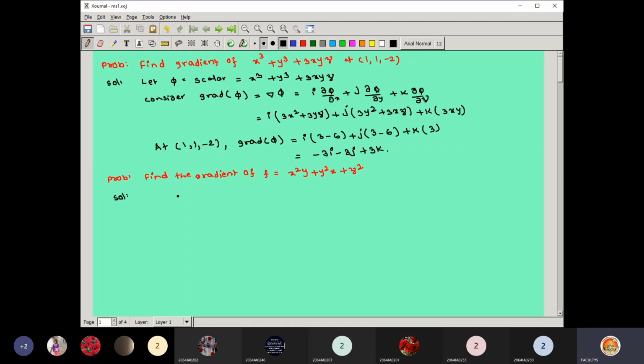So first, they have already given f. Is it vector or scalar first? Scalar. Right, it is scalar. Can you find out the gradient for that? Okay, sir. Right. So I'm calculating directly.